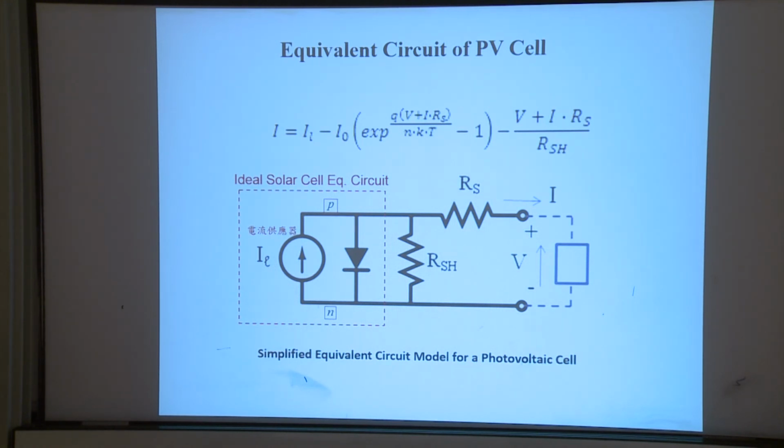So usually we will simulate the solar cell as a parallel connection of a PN junction with a current generator. This is the equivalent circuit of the solar cell.